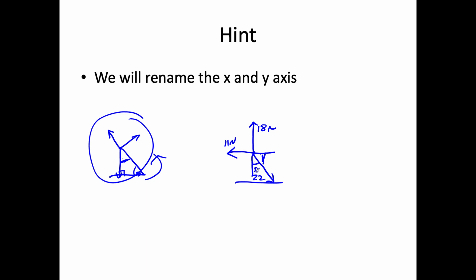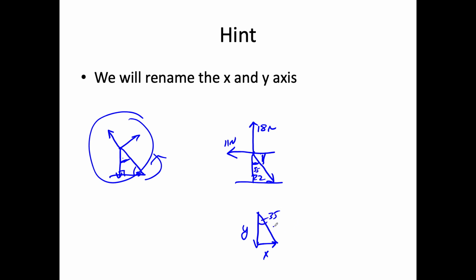So here's my 35 angle right here. We're changing perspective. We're moving x and y over. Now we just have one angle we have to worry about, not two. And so if I redraw this, I want to know y, I want to know x, and this is going to be 35 degrees.